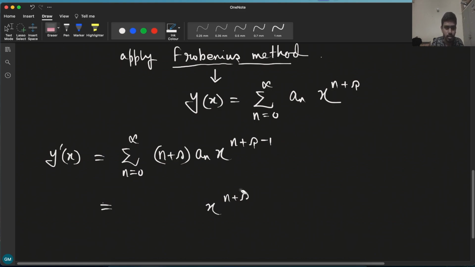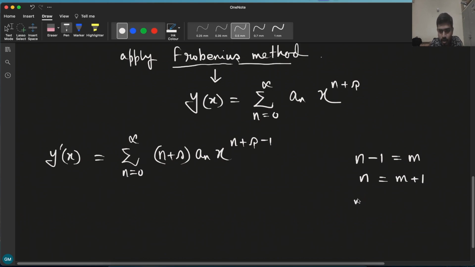So what's the method? n is the summation index, which is basically a dummy index. I can write n minus 1 equals m, since s is a constant. That means n equals m plus 1. When n equals 0, m equals minus 1, and when n tends to infinity, m also tends to infinity.